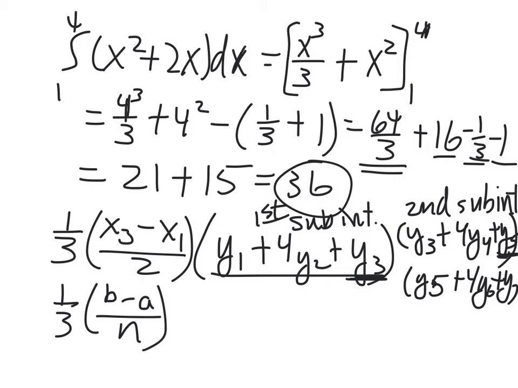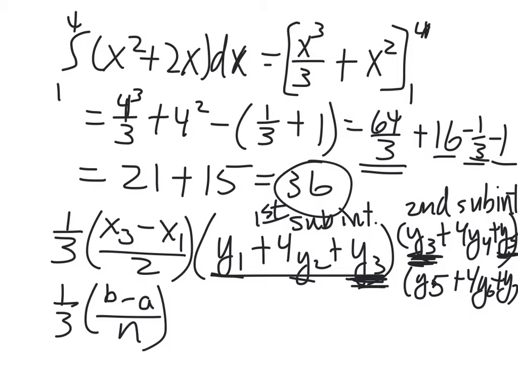As we think about adding the area under each one of these parabolas, just like the trapezoid rule with adding all those trapezoids together, notice what's happening. We've got our first subinterval, then the second subinterval.